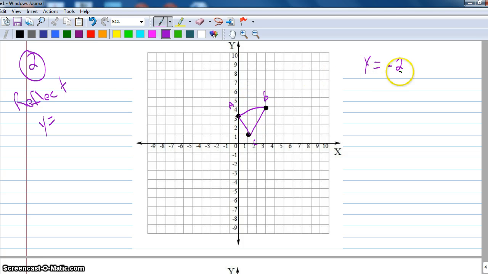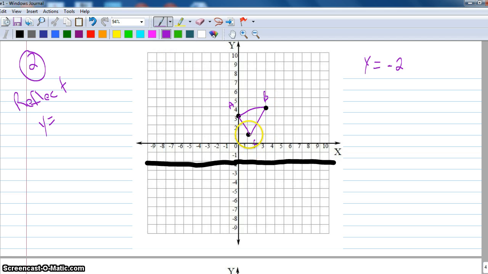Anyways, y equals -2. So we go to the y-axis. Here's -2, and we make a horizontal line. It's a pretty horrible horizontal line, but oh well, it'll do.